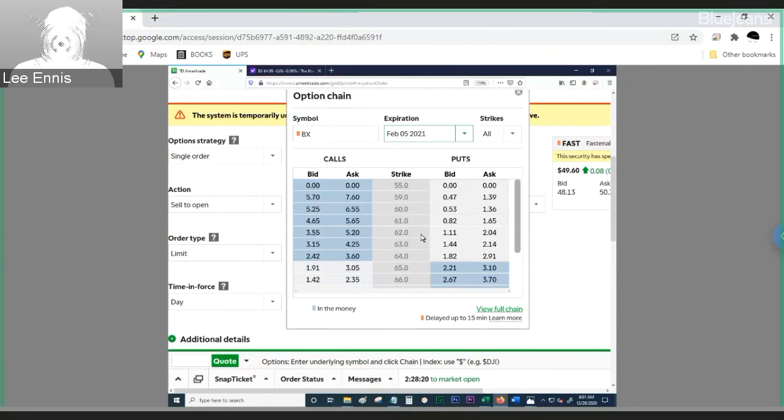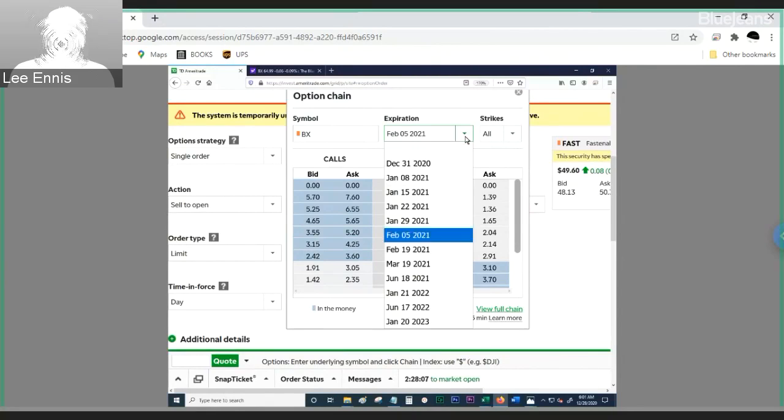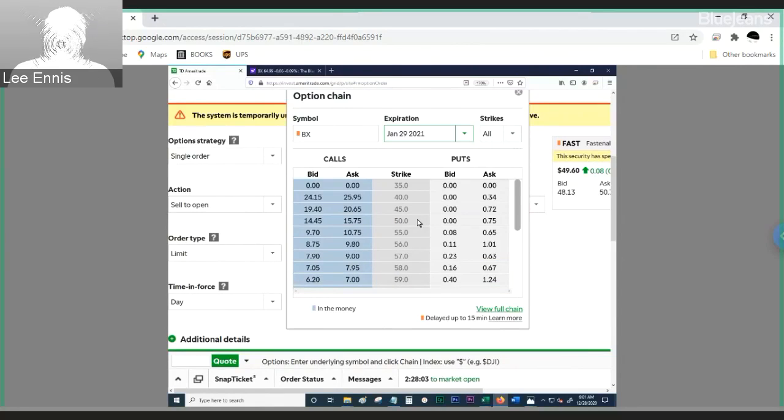So what that means is that if I do this option we see here for February 5th, I won't be able to close it out until March 2nd. That's the reason why a lot of times I'll be looking at stuff like January 29th, because I know once January 29th comes, when I come in here on February 2nd, the option will be closed out and I can initiate a new one.